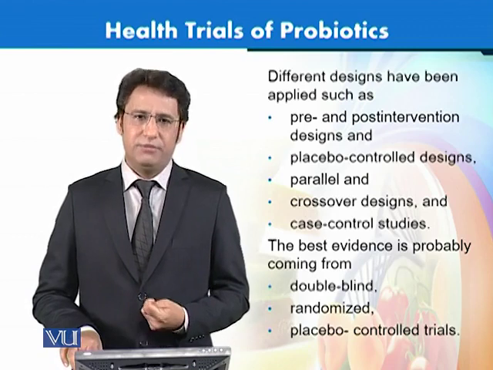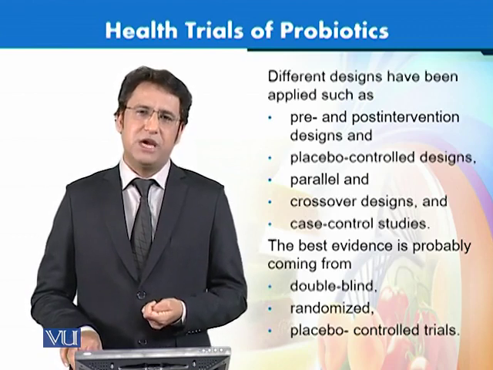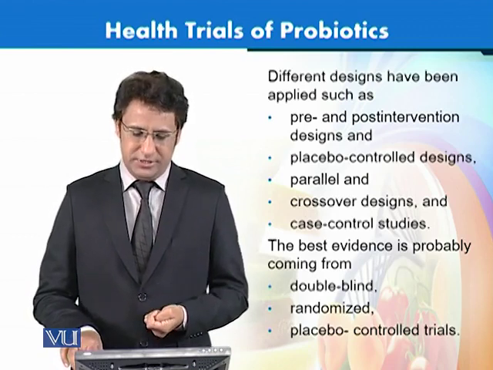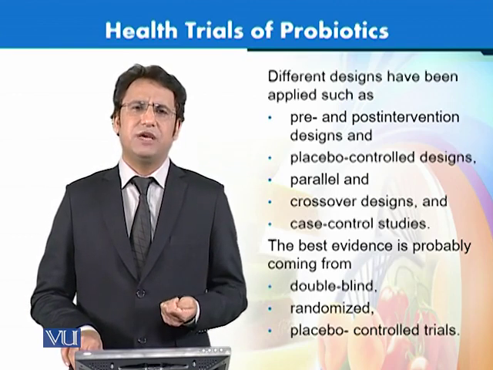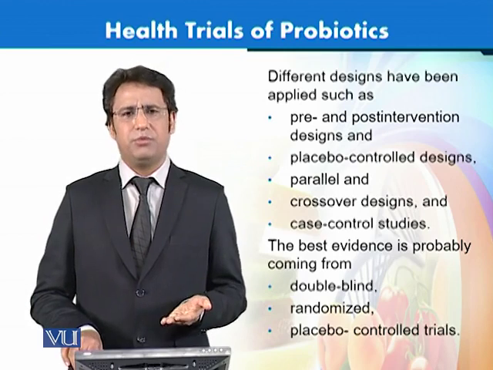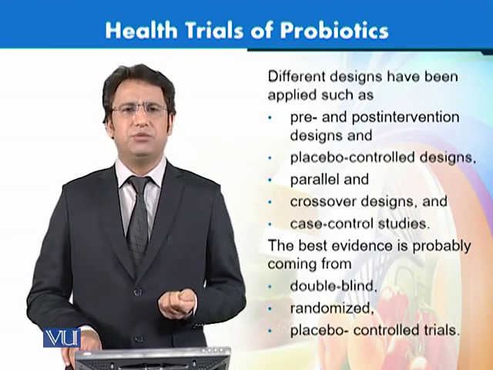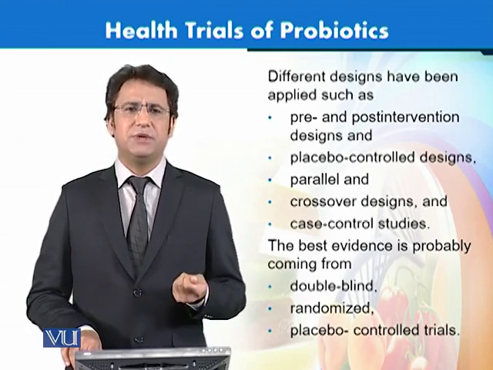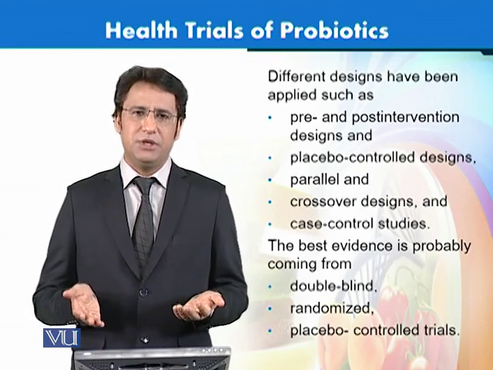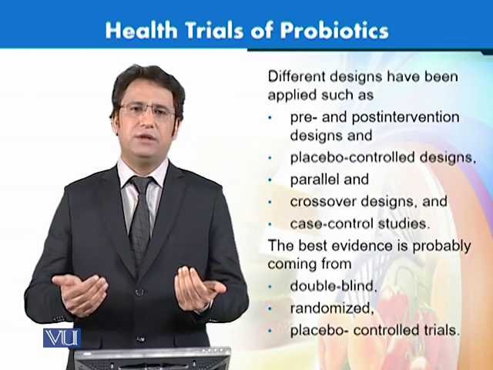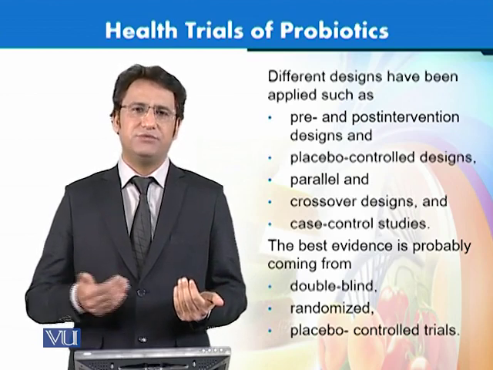Then we have another design which is called parallel design. In parallel designs, for example, we have group 1 and group 2, and in group 1 we are giving treatment A, and in group 2 we are giving treatment B, and we then analyze them after giving that treatment.